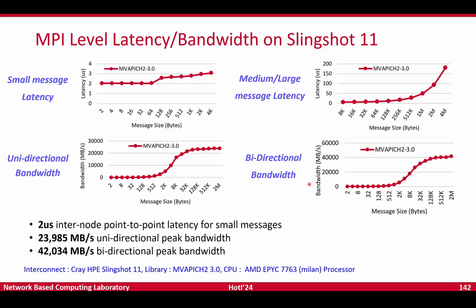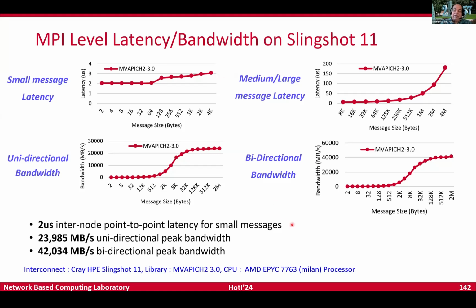Here we are showing point-to-point numbers, but similarly we have a lot of collective numbers. As Hari said, please refer to our website. Or if you have access to any of your systems, you can run the OSU micro benchmarks. Those benchmarks have not only point-to-point, they also have collectives, so you should be able to see.